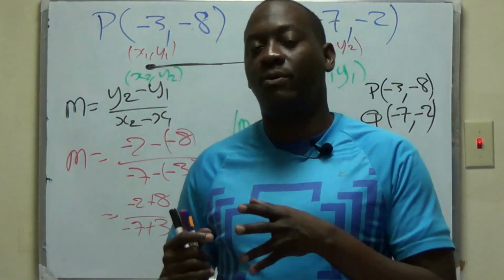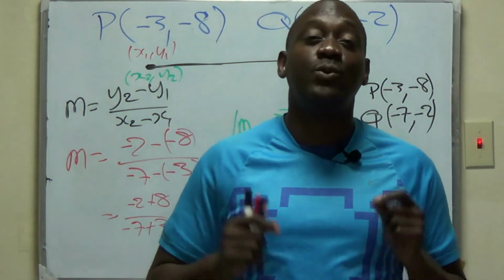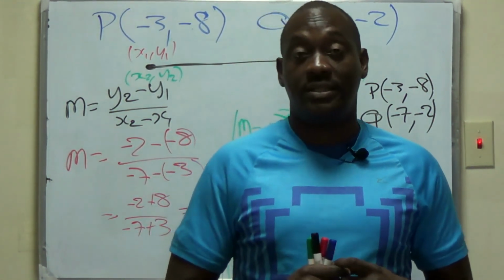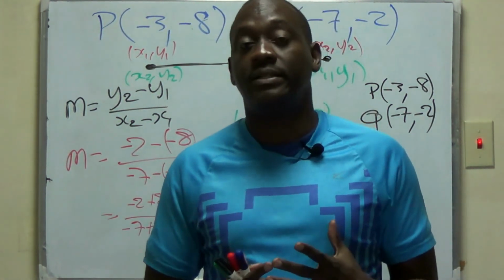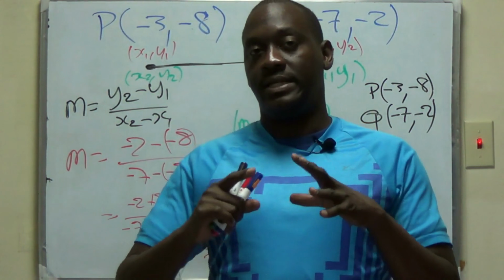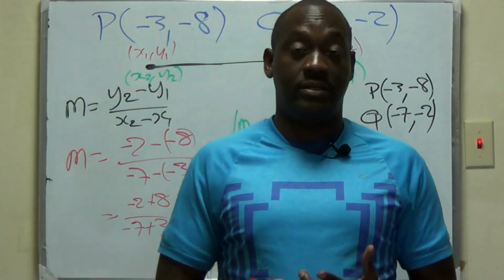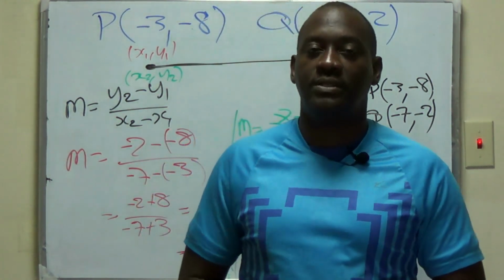But even before we talk about the equation of a straight line, it is absolutely important that you get a firm grasp of the concept of the gradient and the mechanics of calculating the gradient. Once you can do that, you're ready to move on to the next step.